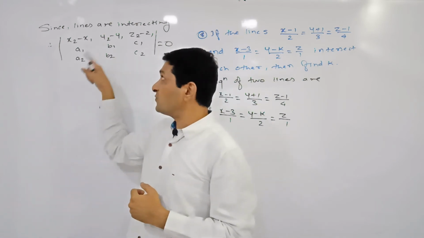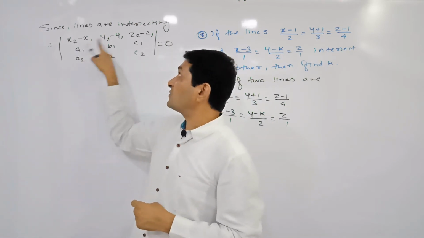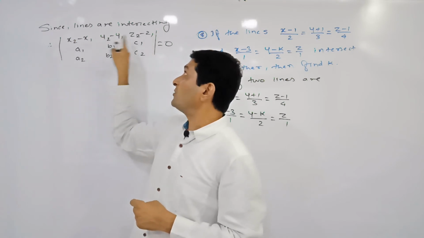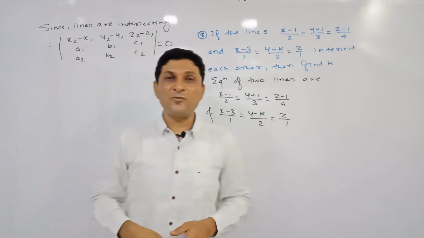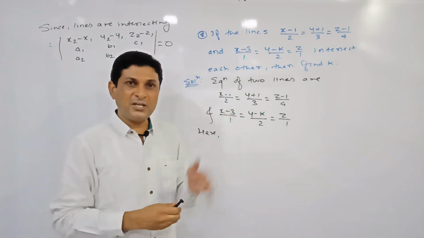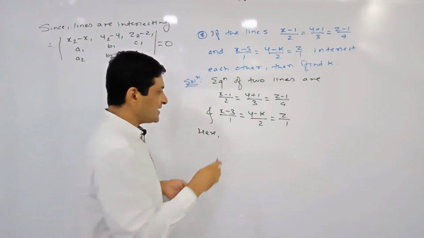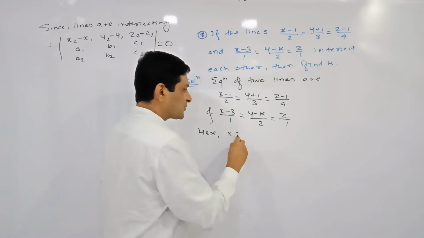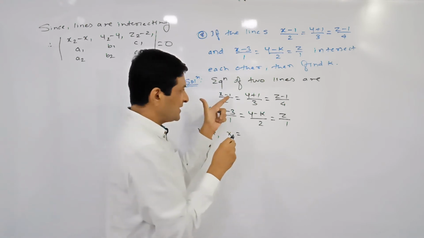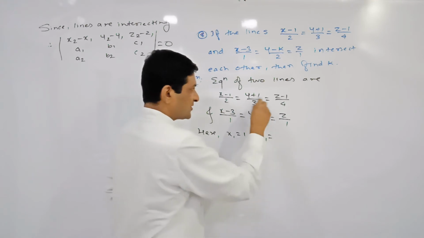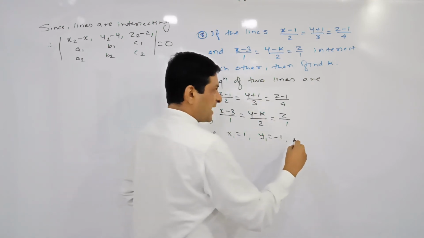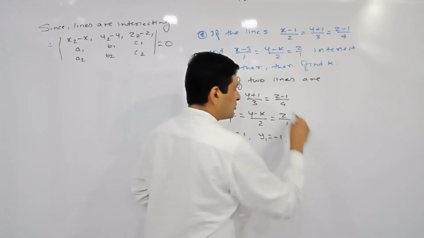But to apply this formula, which values are required? x1, y1, z1, x2, y2, z2, a1, b1, c1, a2, b2, c2. First let us find all these values from the equations of the lines. Here x1 is the x coordinate of a point on the first line, so x1 is equal to 1, y1 is equal to minus 1, and z1 is equal to 1.